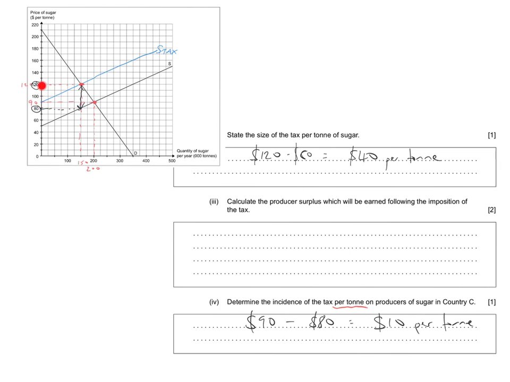So it's that triangle there. We can just shade that in and label it. So there is our new producer surplus. We are asked to find the area of that triangle.